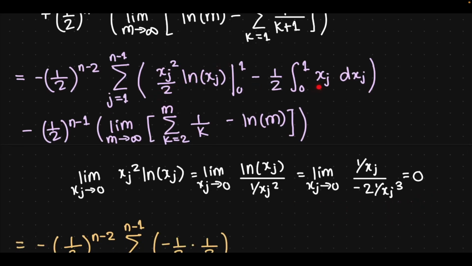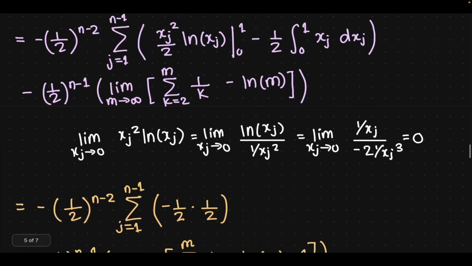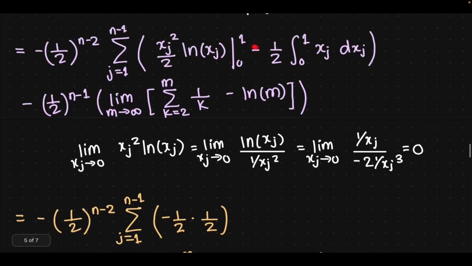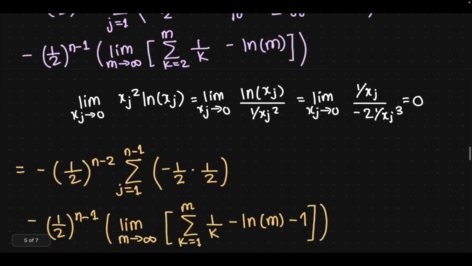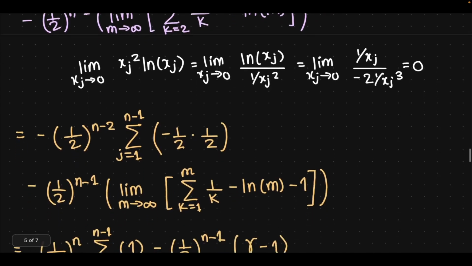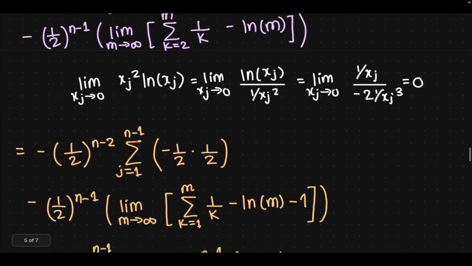We just have this integral from 0 to 1 of xj, which I'm sure you know is 1/2, because xj squared over 2 from 0 to 1 is 1/2. So that 1/2 and this 1/2 will give us, but there's also another 1/2. So there's two 1/2s with a minus sign from the integration by parts, with this minus 1/2 to the n minus 2. And then this is still being summed.